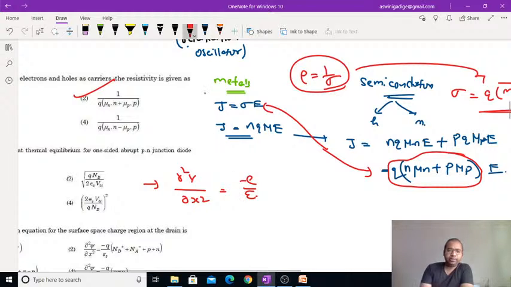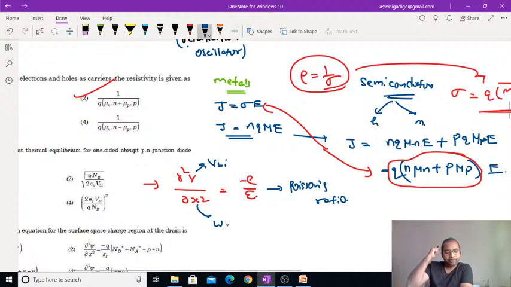Here you can take V as a barrier voltage, and you can take x as a width of the depletion region. Okay, you can take like this.